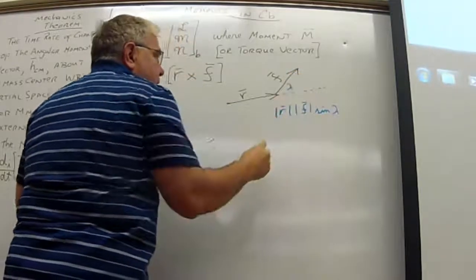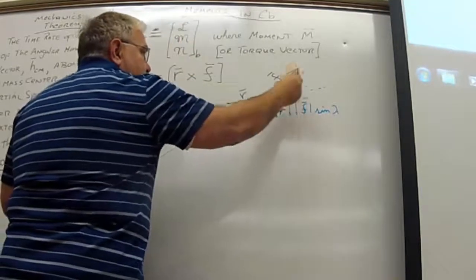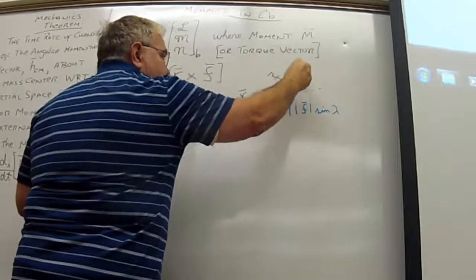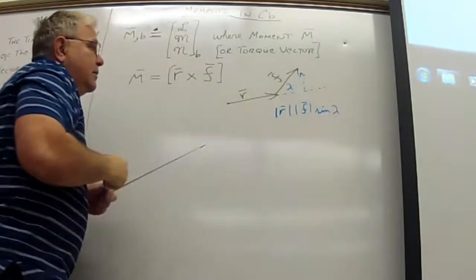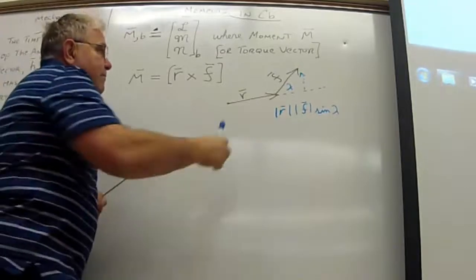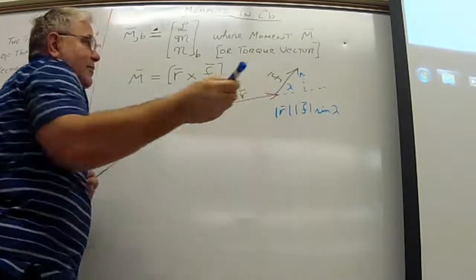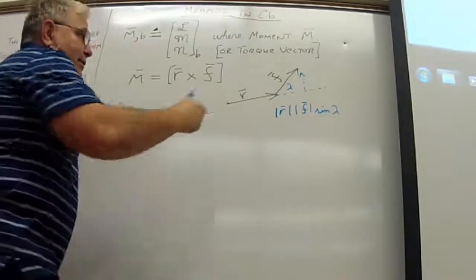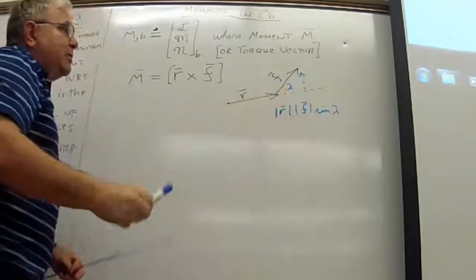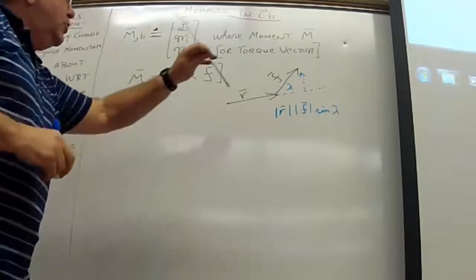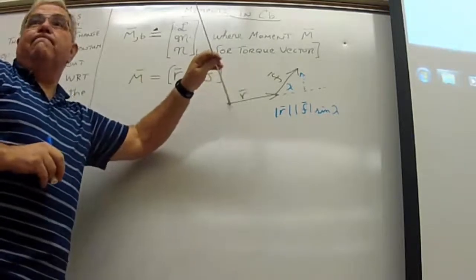The sine of that angle gives you the perpendicular part of F. If there's no angle lambda between them, then you're not going to get any torque. And if lambda is 90 degrees, you'll get maximum torque for a given force. And that torque vector is going to be coming out of the board.